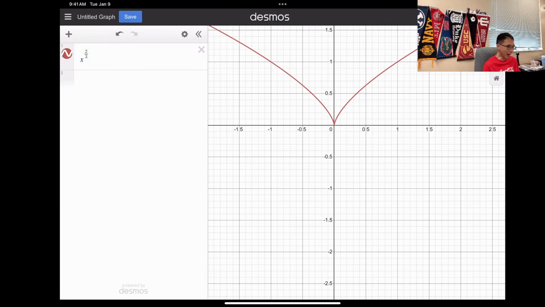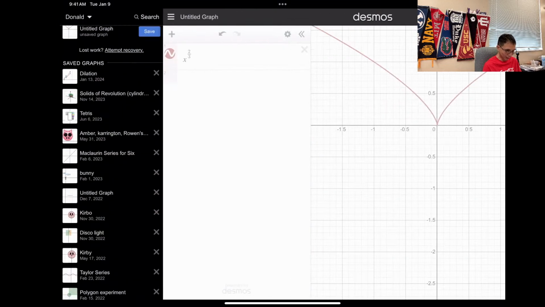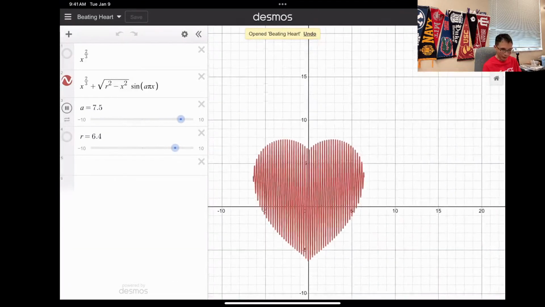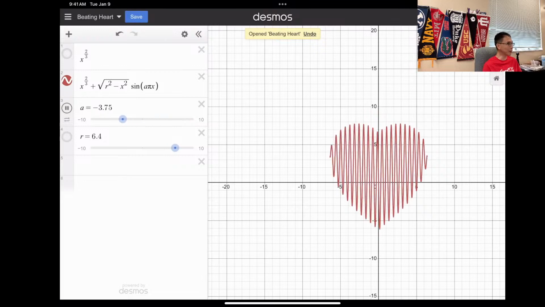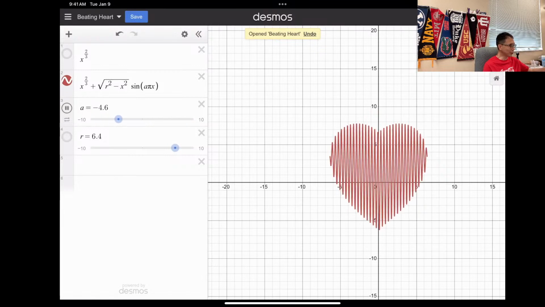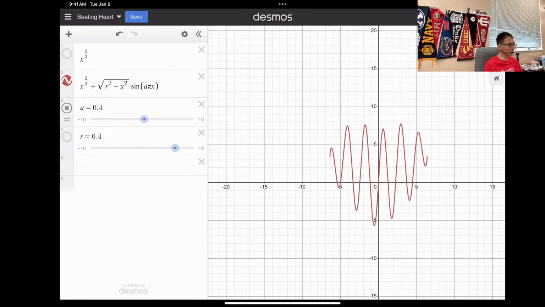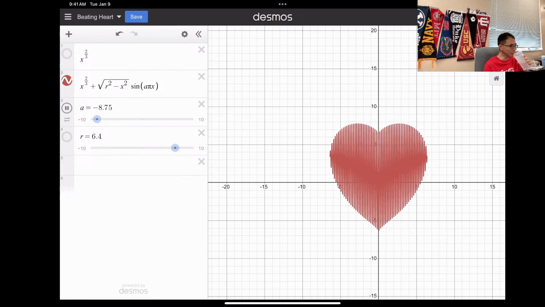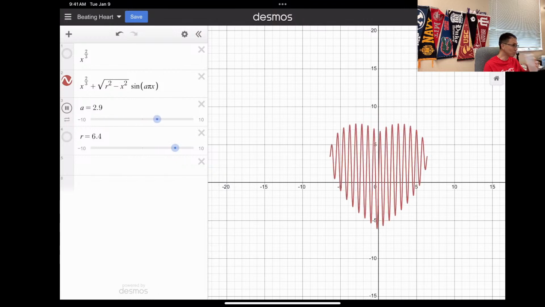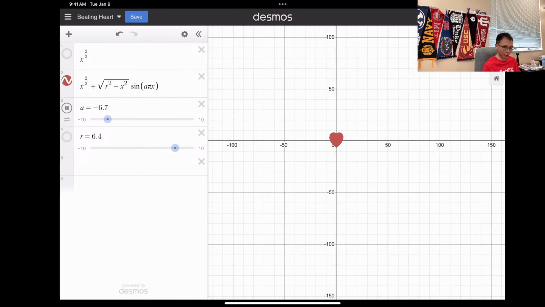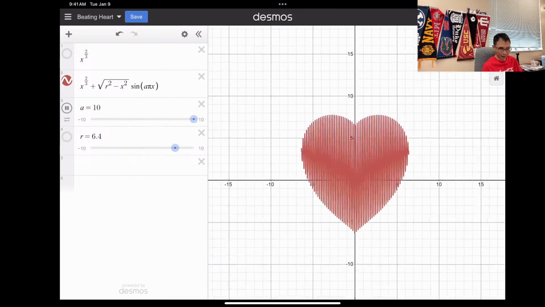Now, I had one student ask a girl out a long time ago. Seriously, I did. So he built this equation. He asked the girl, would you be my Valentine? It worked. In a nerdy way, but it worked. If you look it up, it's actually even more impressive, but here is just a different way.